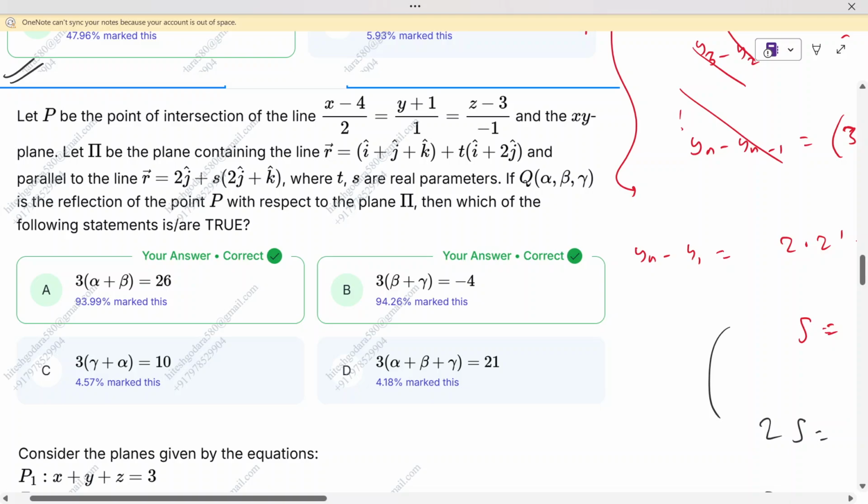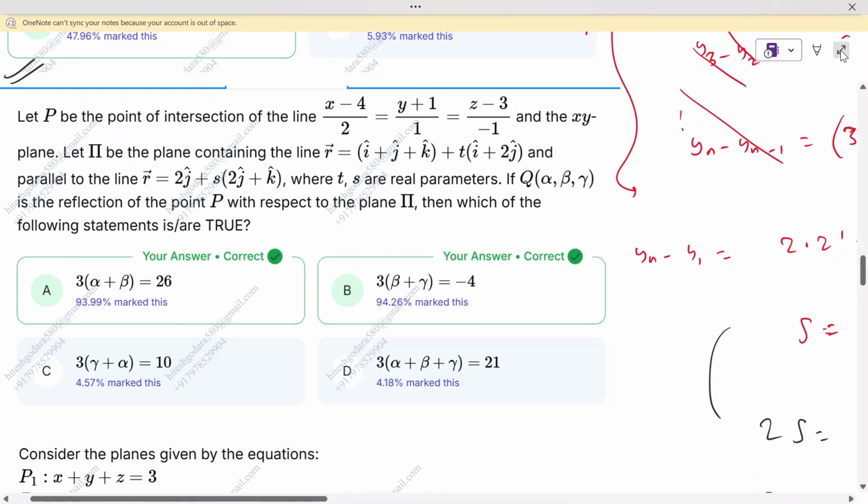So P is the point of intersection of this particular line and the XY plane, and phi is the plane containing the sun and.